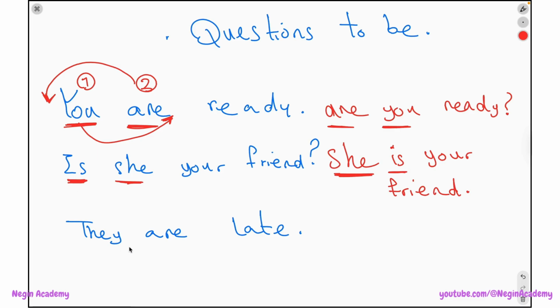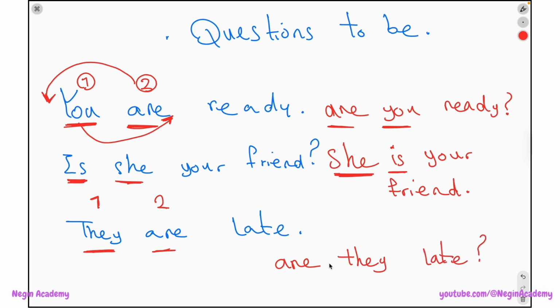Let's look at this one. They are late. Here we have the subject at the beginning of the sentence in the first position and to be in the second position. What should we do? Like other examples, we have to change the order of the subject and the verb. Nice and easy. We have to say, are they late?